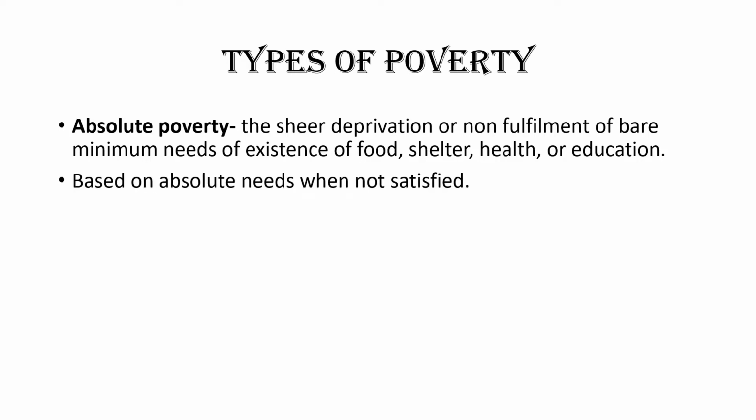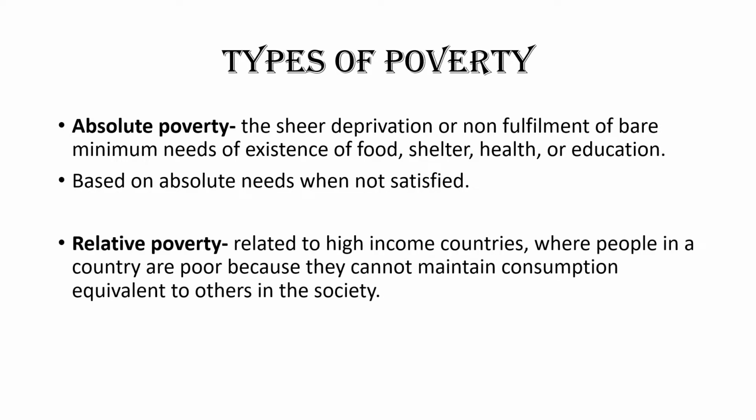It is based on the absolute needs of the people, and the people are defined as poor when some absolute needs are not sufficiently satisfied. An absolute poverty line is based on the cost of a minimum consumption basket based on the food necessary for a recommended calorie intake.